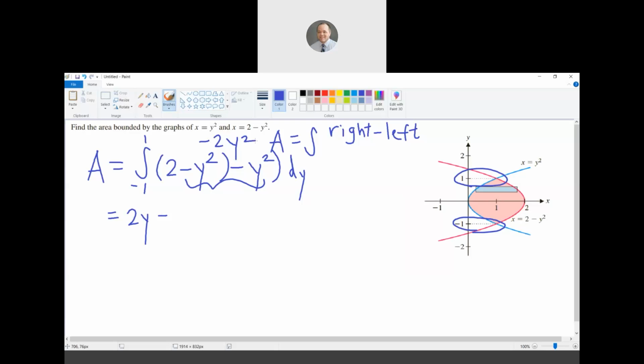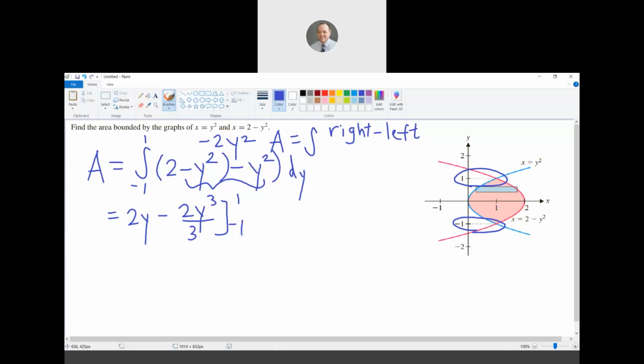So the integral of that single term is just -2y cubed all over 3. Now we're ready to find the area by plugging in our limits of integration.